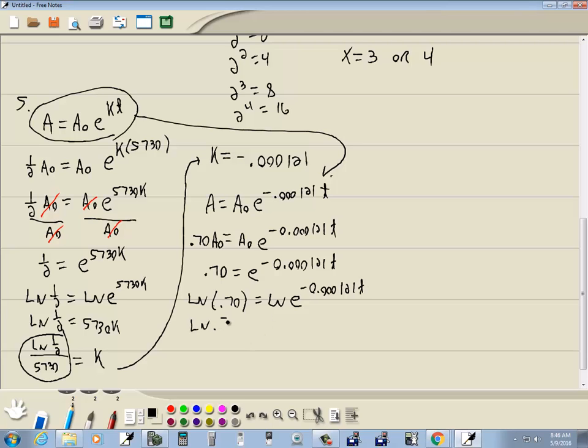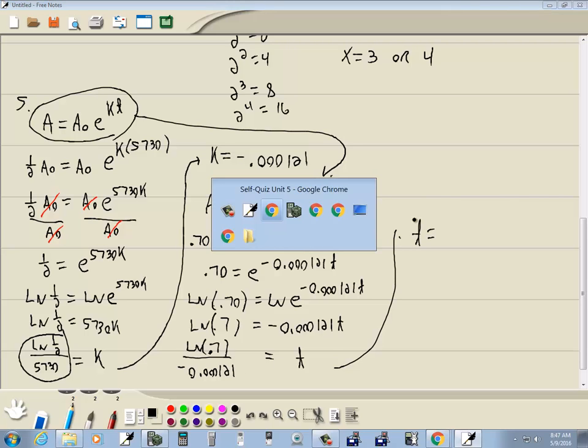And we get natural log of 0.7. Natural log and e cancel each other, so that's negative 0.000121 t. Then divide both sides by that. And we get natural log of 0.7 divided by negative 0.000121.